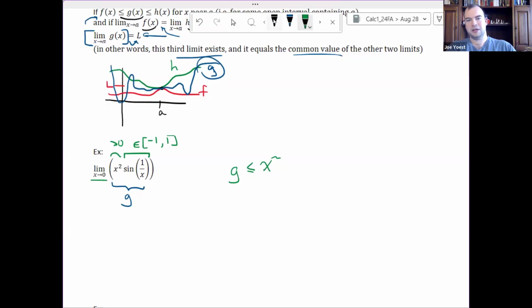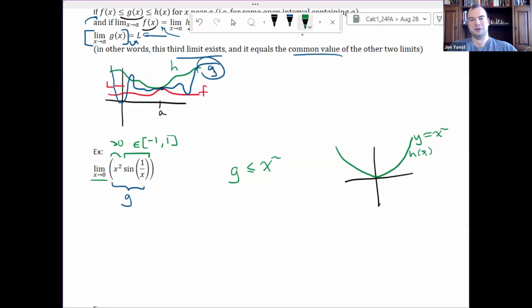So if I come over here and draw a picture, I have my function y equals x squared here. This is my h of x function.